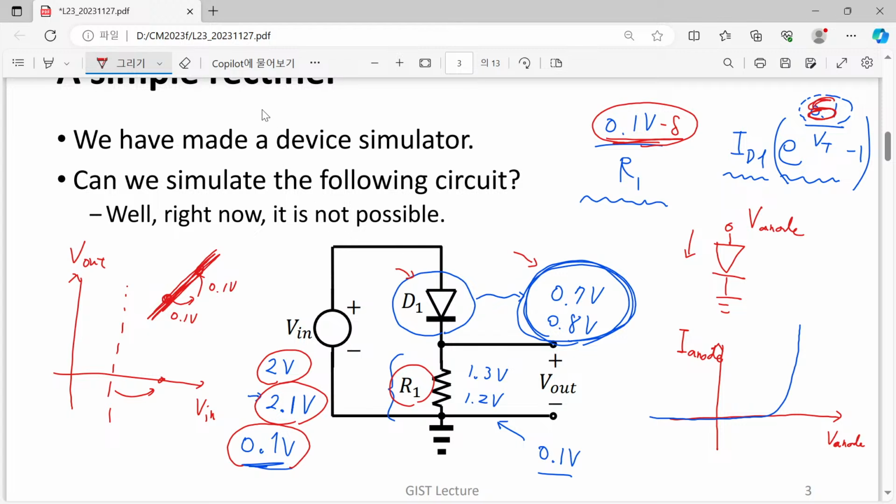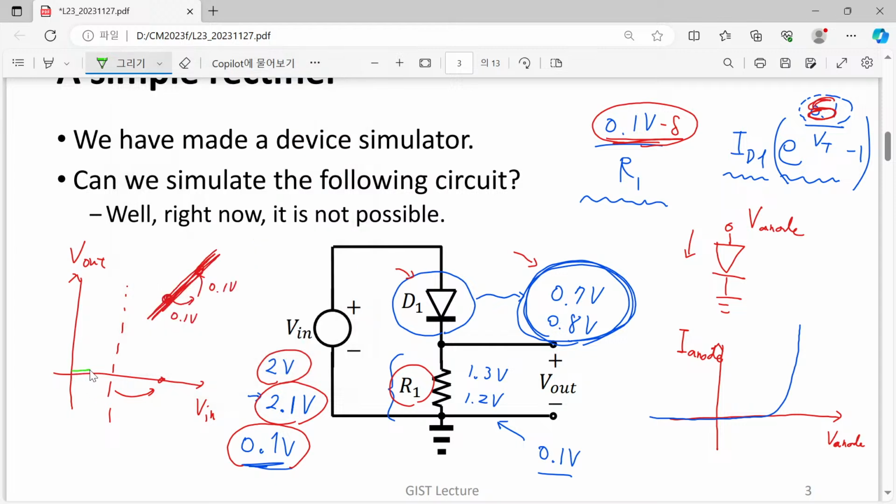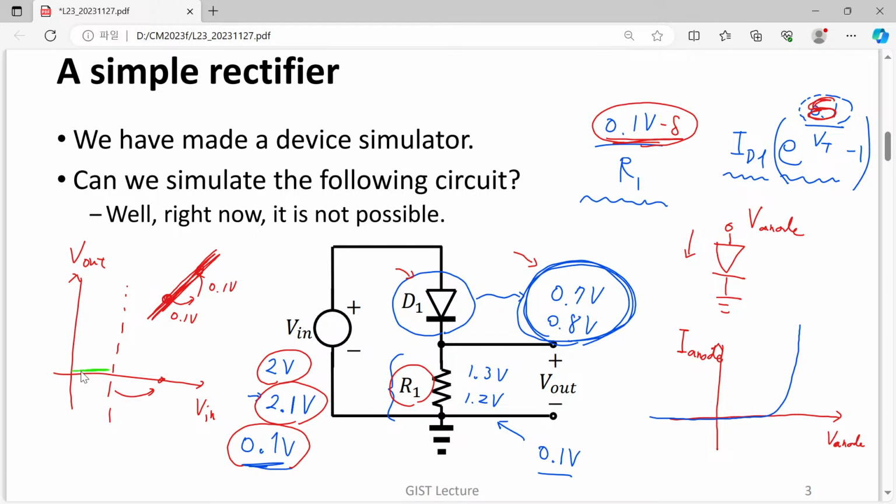So its behavior can be visualized in this way. For the first 0.7 or 0.8 volt, you spend all of your applied voltage on D1. Once D1 is activated and becomes highly conductive, the additional voltage is all consumed by R1.